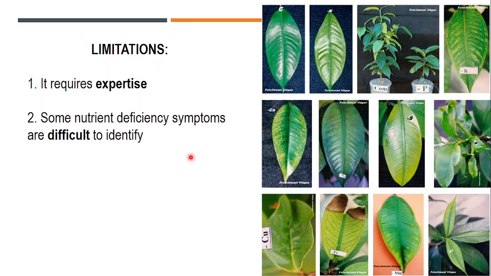Let's say, for example, yung nitrogen and sulfur deficiency. Kung makikita natin, may yellowing siya. So, if you are not adept or you are not a very keen observer, if you lack experience in the observation of nutrient deficiency symptoms, you might be misdiagnosing your crop.